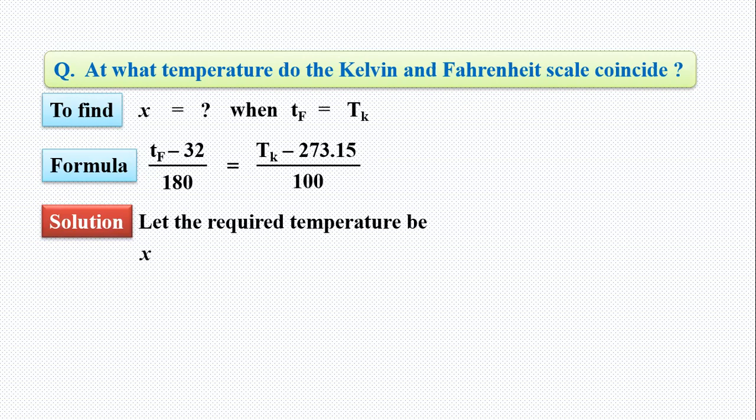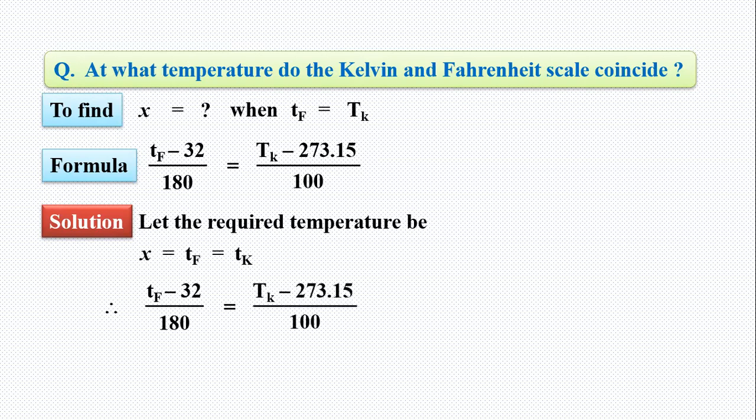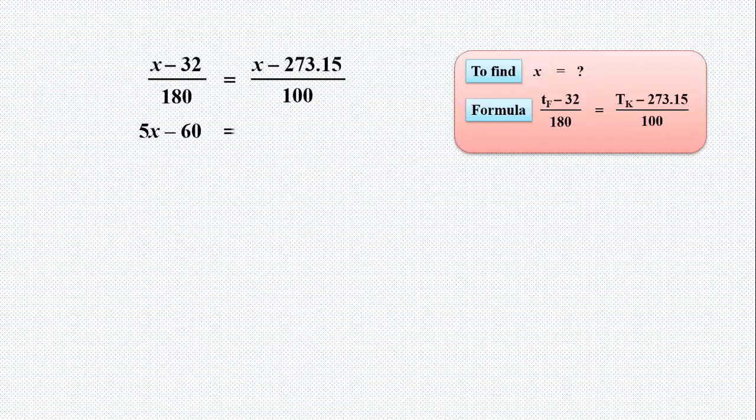Let the required temperature be x, TF, and that is equal to TK. So TF minus 32 upon 180 is equal to TK minus 273.15 upon 100. So value used is TK is equal to TF, that is equal to x. So it is x minus 32 upon 180 is equal to x minus 273.15 upon 100.